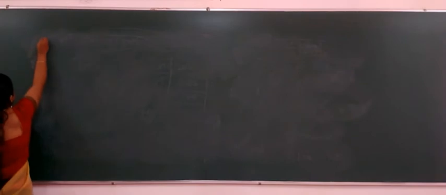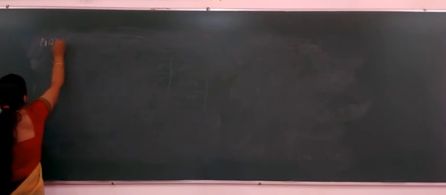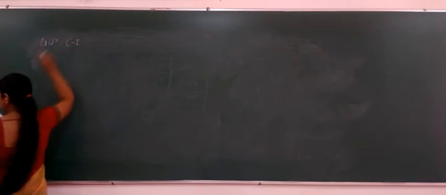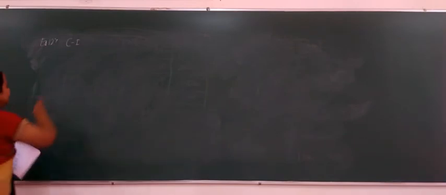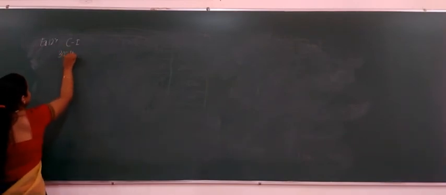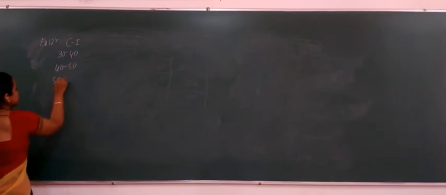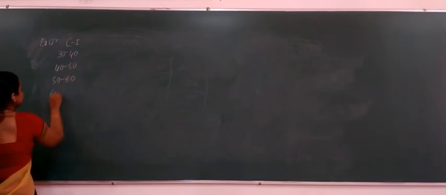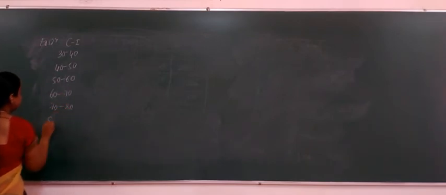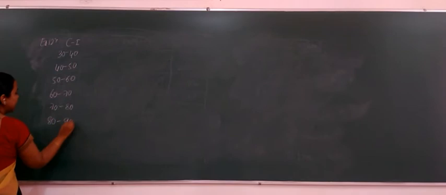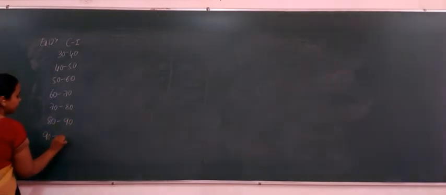So the given data for example 12: class intervals are given. It begins from 30 to 40, 40 to 50, 50 to 60, 60 to 70, 70 to 80, 80 to 90 and 90 to 100.